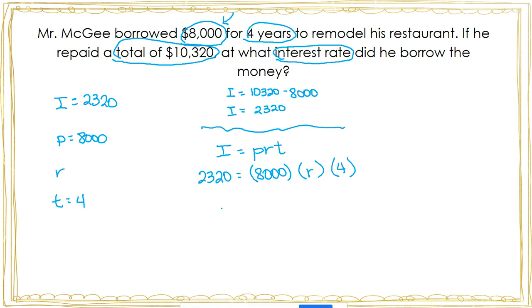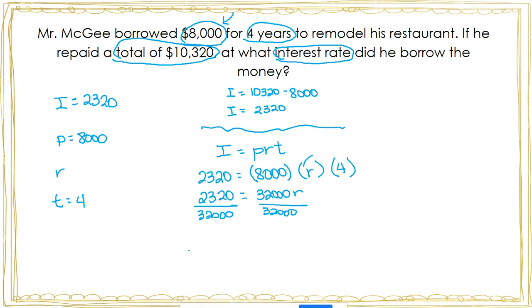So 8,000 times 4 is going to give me 32,000. So I have 2,320 equals 32,000 R. Now I need to get R by itself. So to do that, I am going to divide by 32,000 on both sides of my equation.